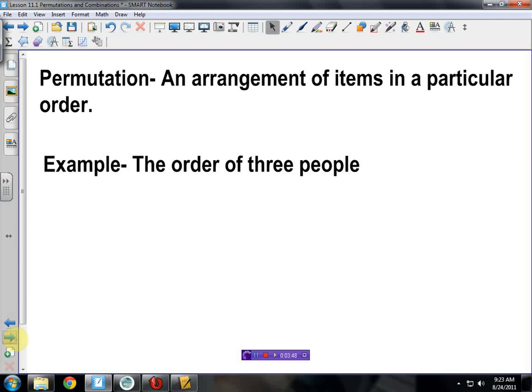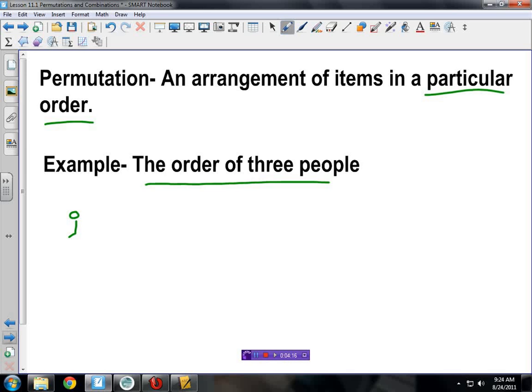A new word, probably for most of you, is permutation, and that's an arrangement of items in a particular order. The key thing here is particular order. We care about who's going to be the first one, the second one, and the third one. An example here is the order of 3 people, and for my drawing's sake, we'll say they're 3 different heights.